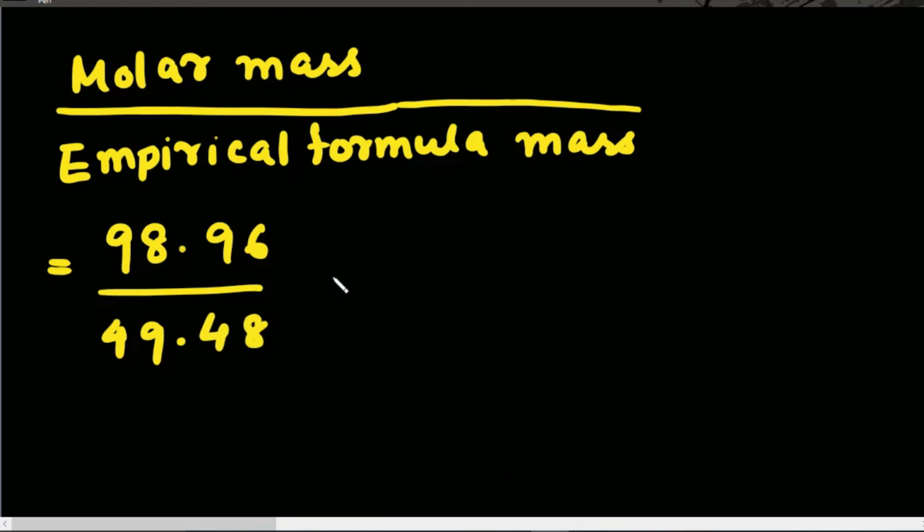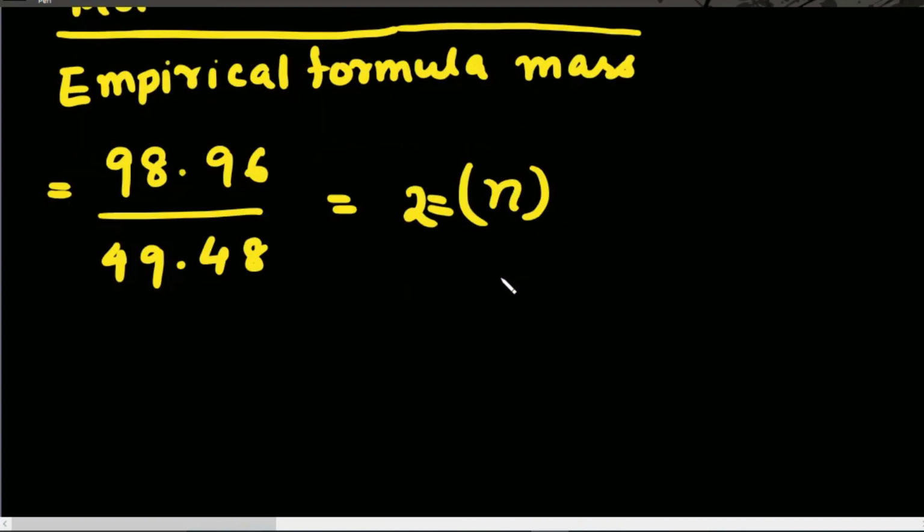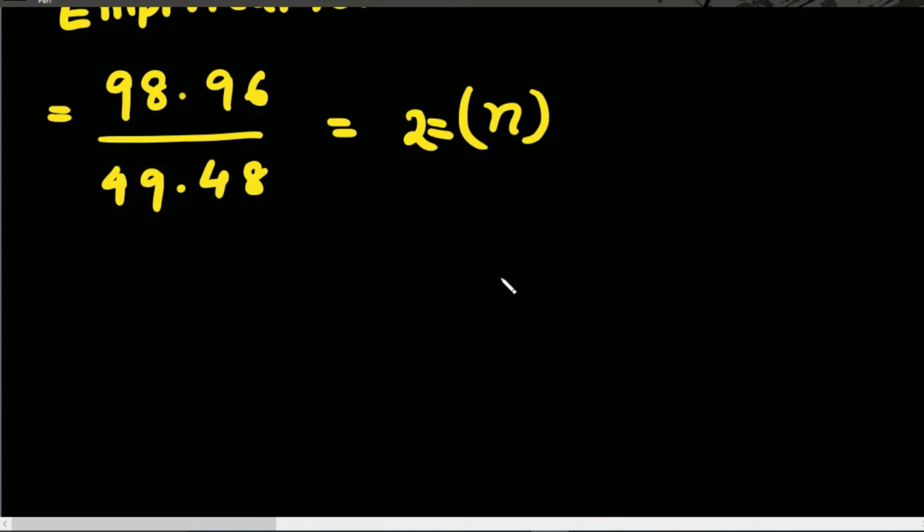So we get it is equal to 2, which is equal to n. To obtain the molecular formula, we need to multiply the empirical formula with n.